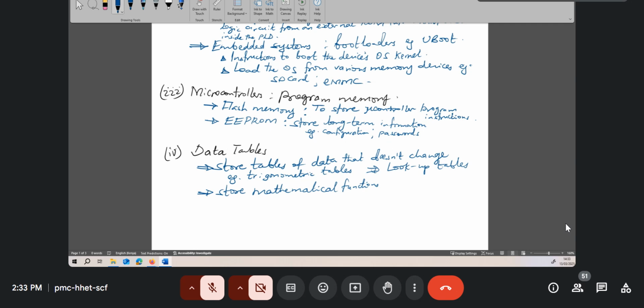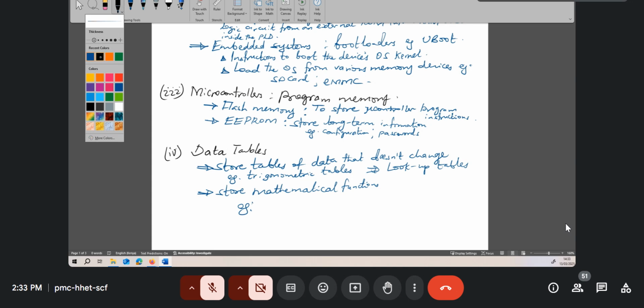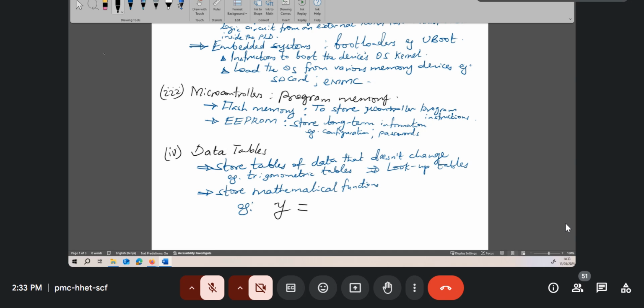For example, let's say we have such a function, y equals x squared plus 3. Our variable here is x. That x can be any number, and you feed it into that mathematical function, and then you get the value of y.